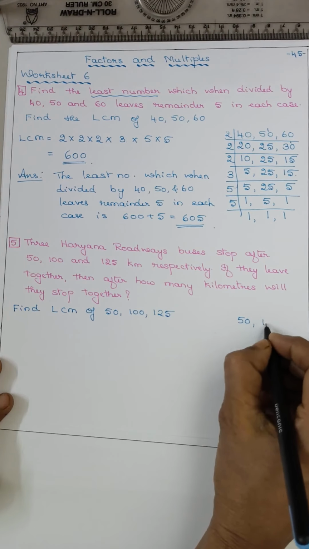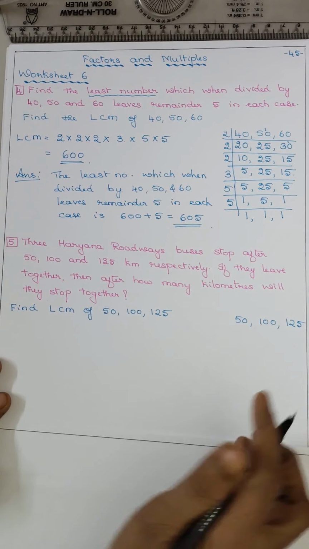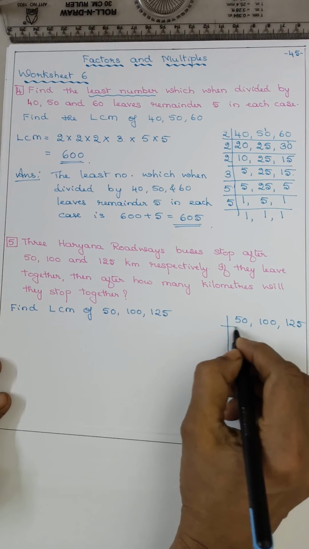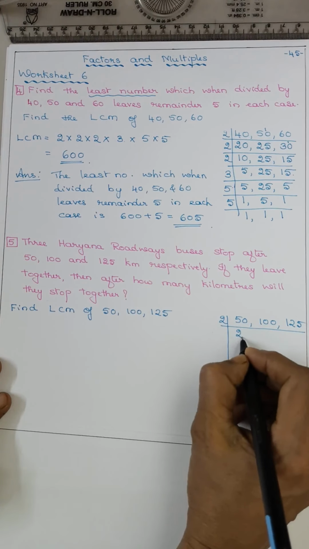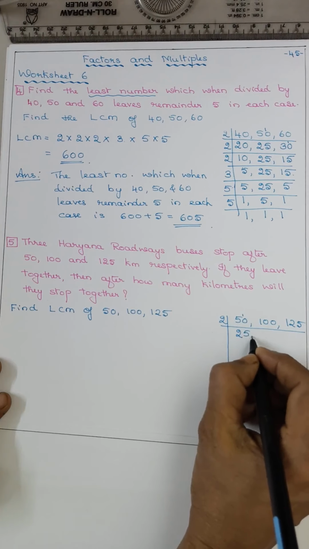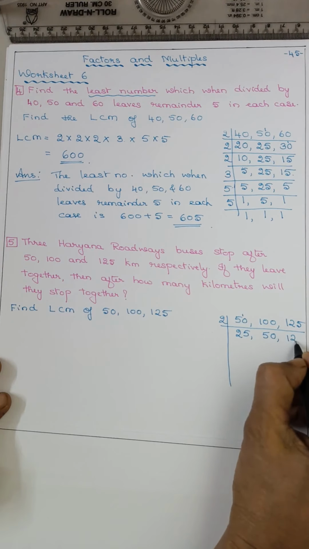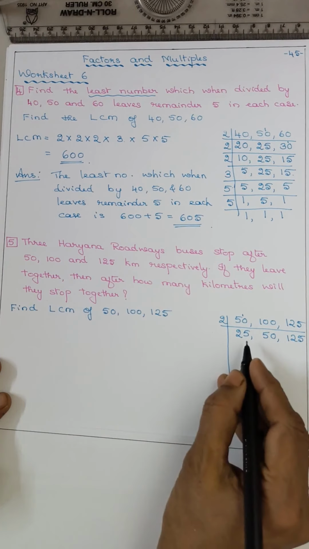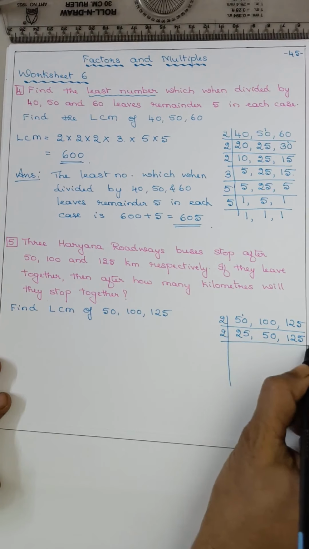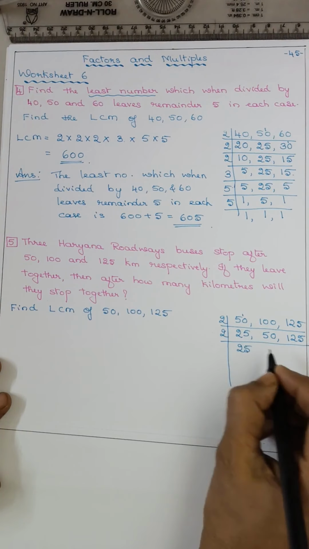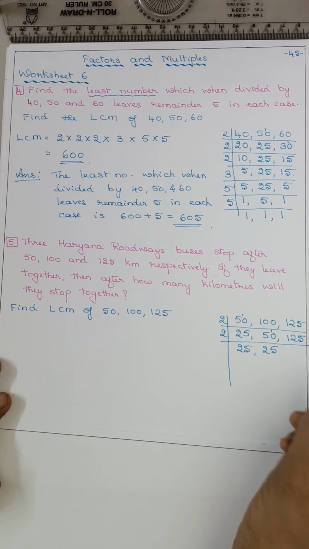50, 100, 125. Even numbers start with 2. 2s are 4, 5s are 10, 5s are 10, 0, 125 as it is. Now this is an even number, 2, 25 as it is, 2s are 4, 1, 5s are 10.